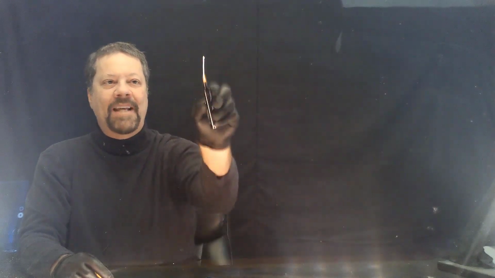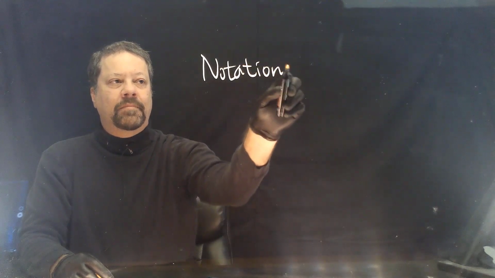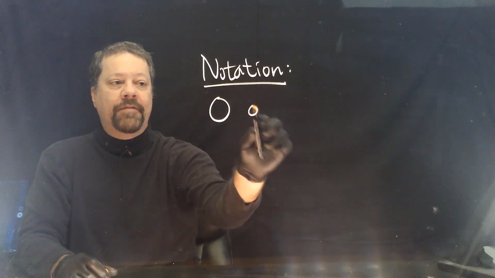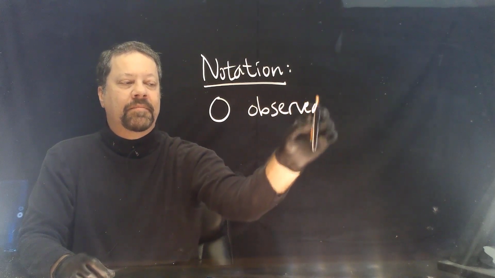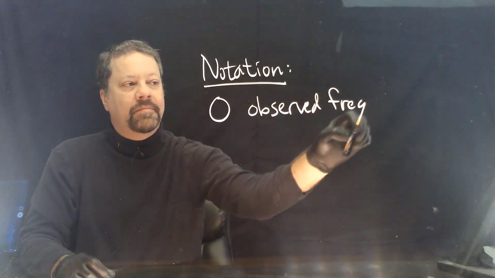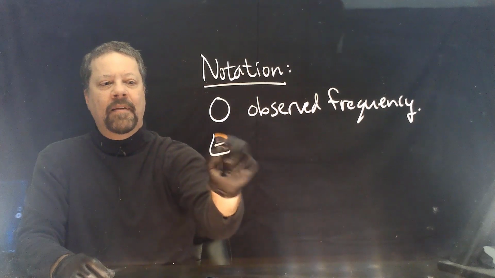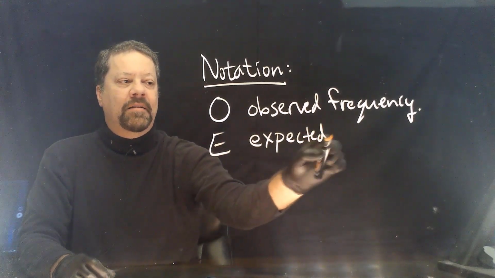We have some notation. O will be an observed frequency. E is an expected frequency.